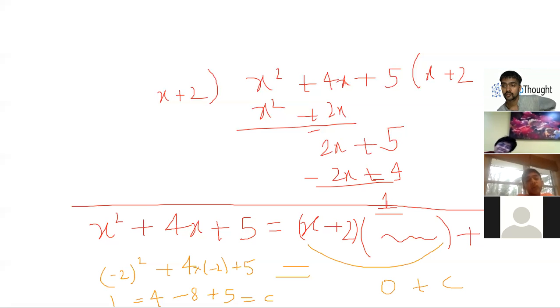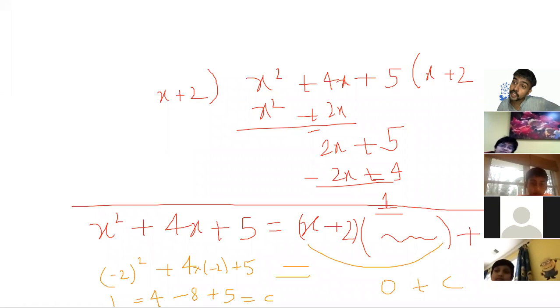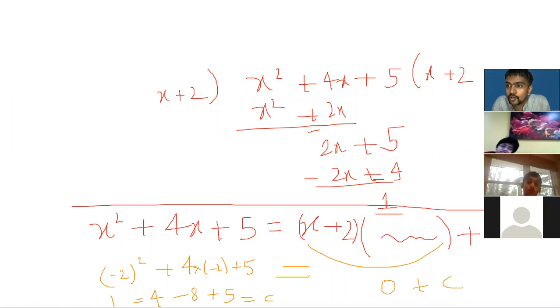But how do you know it's minus 2? It's not only minus 2, it can be anything. It holds good for any x, right? If it holds good for any x, it should hold good for minus 2 also.